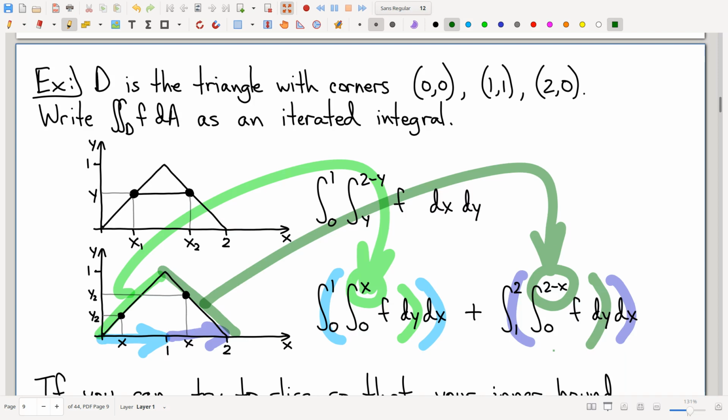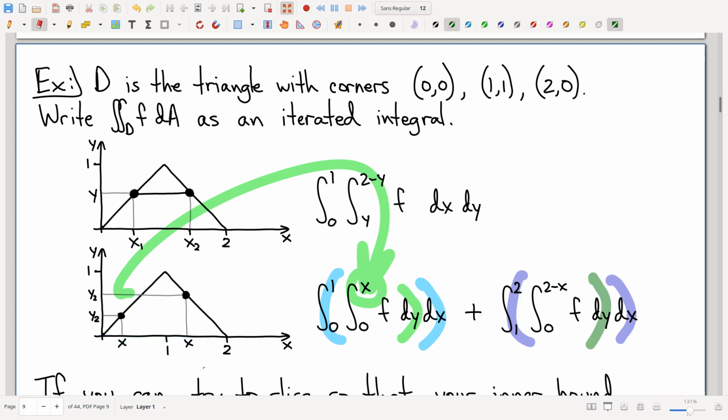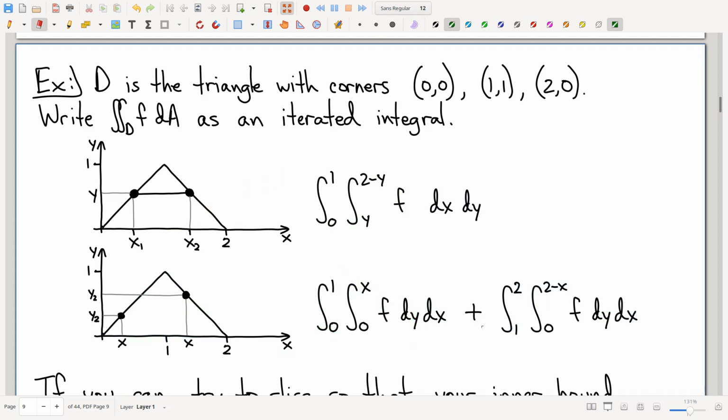Okay, so again, what's the moral of the story? When possible, if we possibly can, I'd really like to be able to avoid this. I don't want to do twice as much work. Right? So here's the way I like to think about it. The problem here was that the point giving my upper bound for y was on this curve, and then it became on this curve.